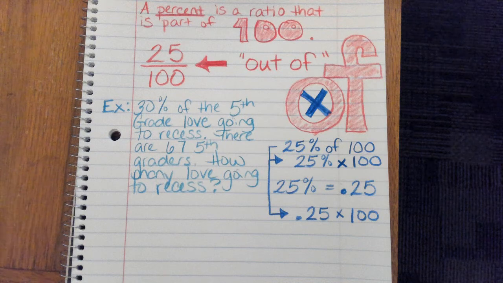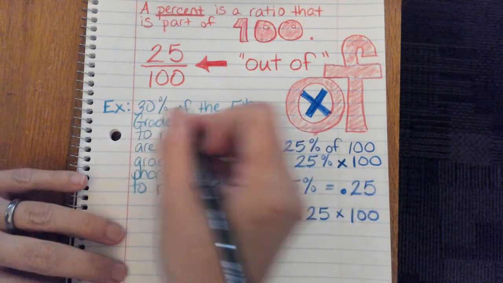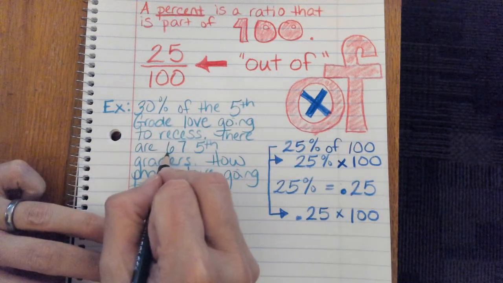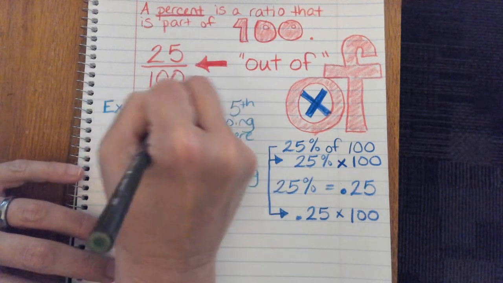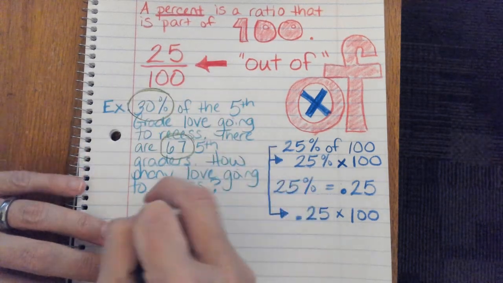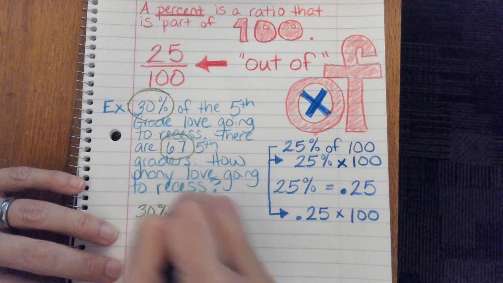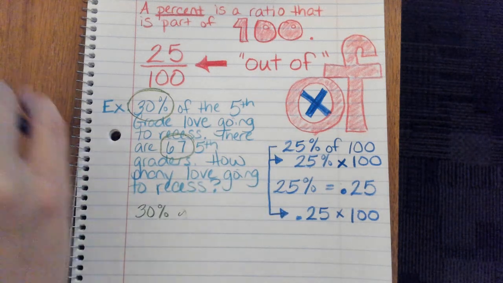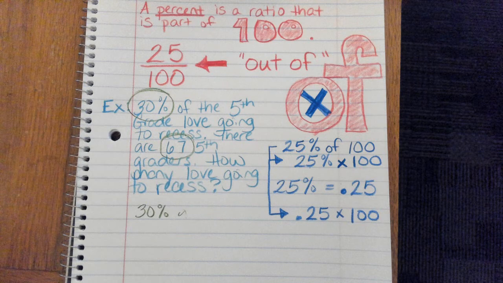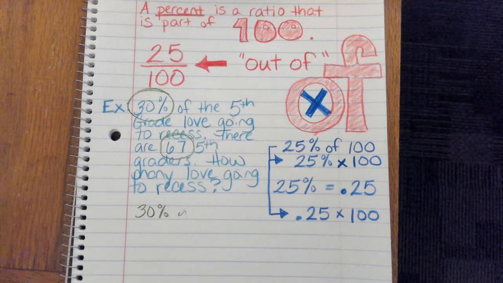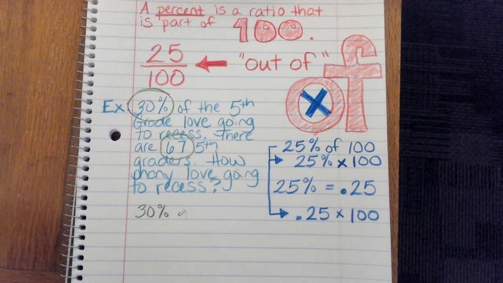One way is to say 30% of these 67 fifth graders. So I've got 30% of 67 students.